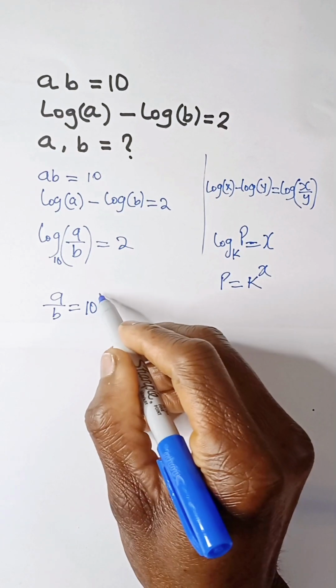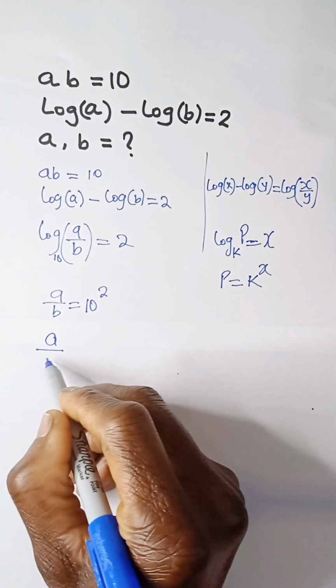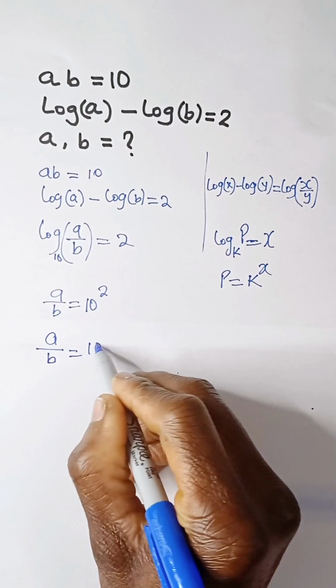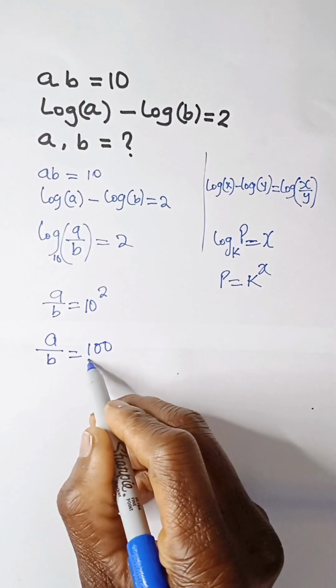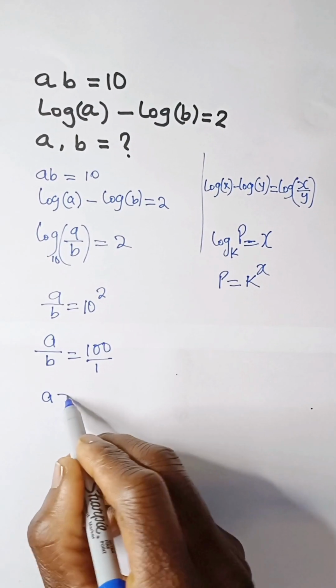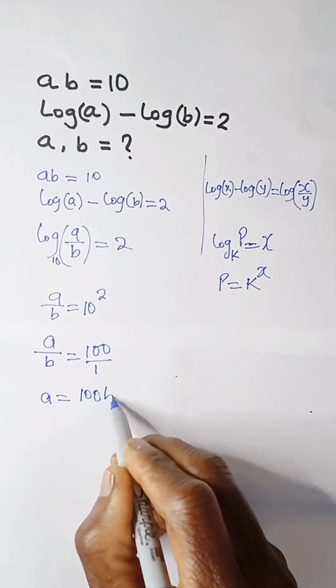So 10 raised to the power of 2. So this will give us a divided by b is equal to 100. Let us put over 1 here and cross multiply. A times 1 will give us a is equal to b times 100 will give us 100b.